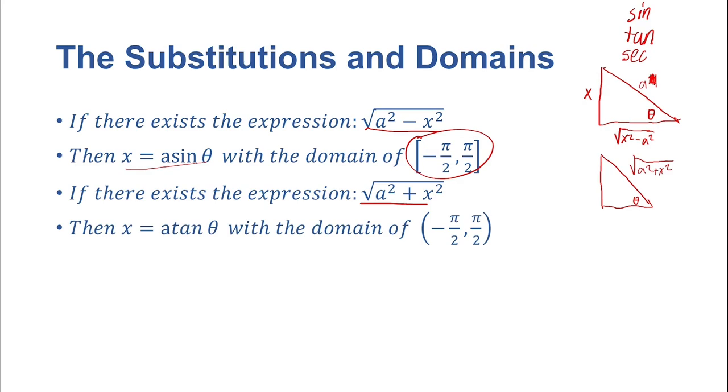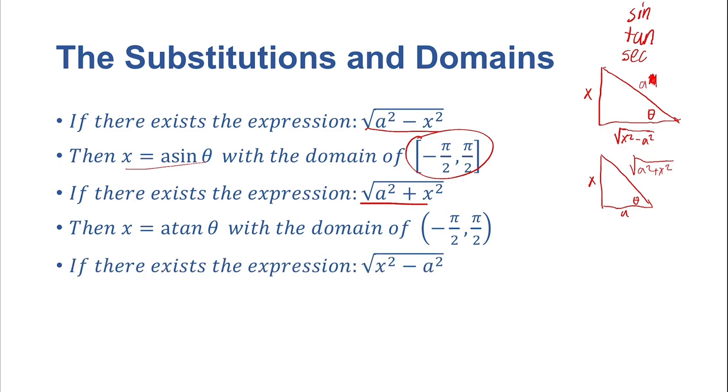So theta is going to be the inverse tangent of x over a. So x over a, we have tangent as being opposite over adjacent. So then we're going to have x here and a here. And this is with the domain of negative pi over 2 to pi over 2. Again, this is not important currently.